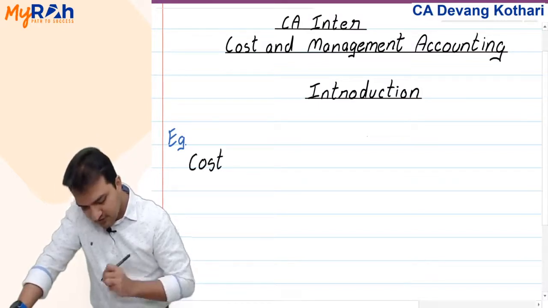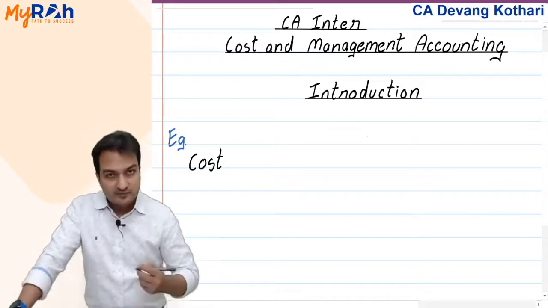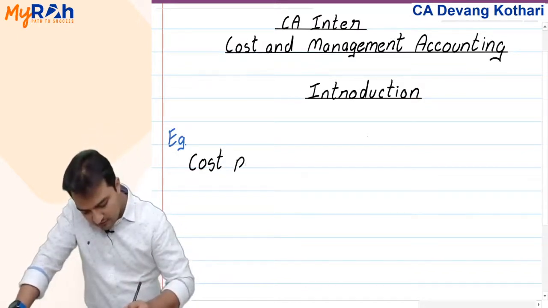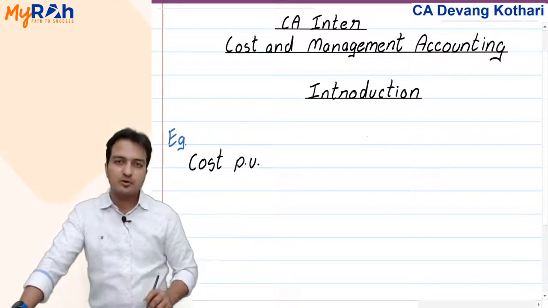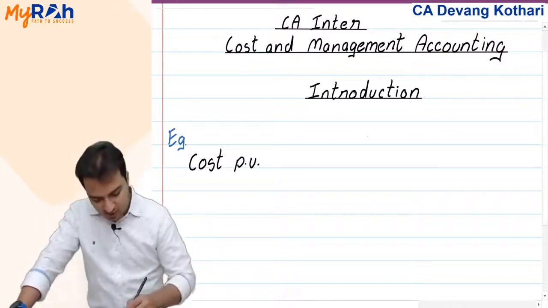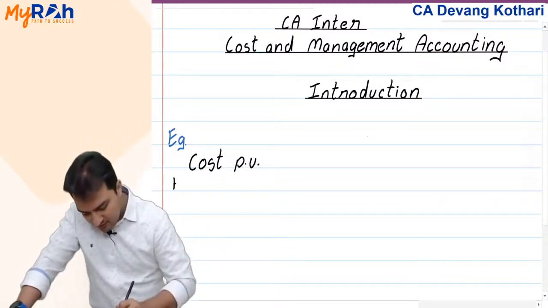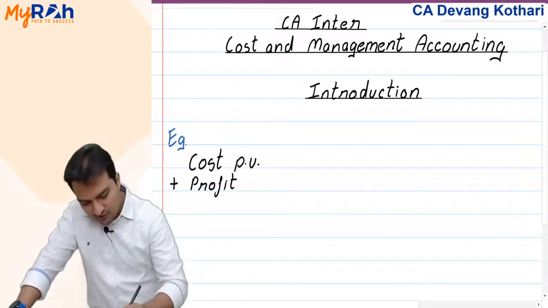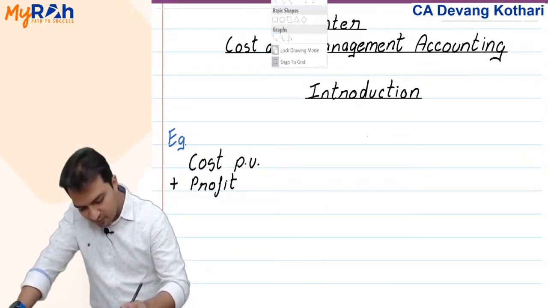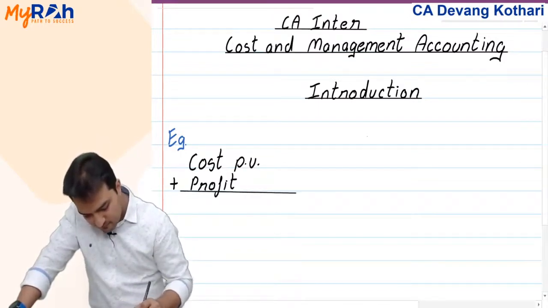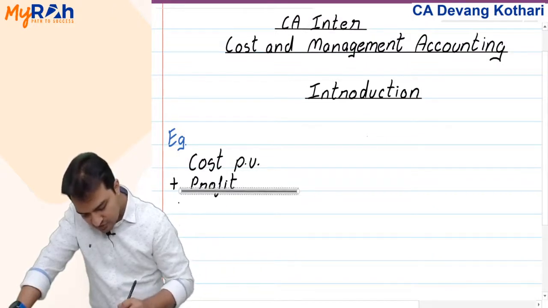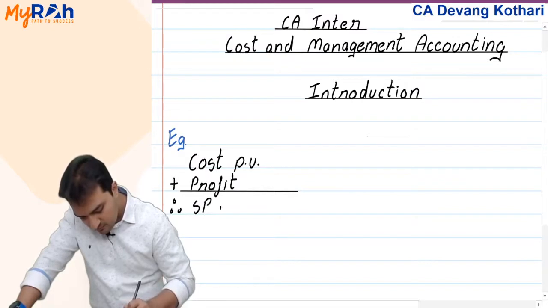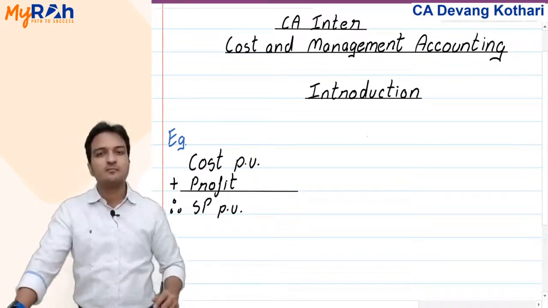Under this subject of costing, ultimately I want to calculate cost per unit of my product, and on that cost per unit I can add some profit so that I can get the selling price per unit.